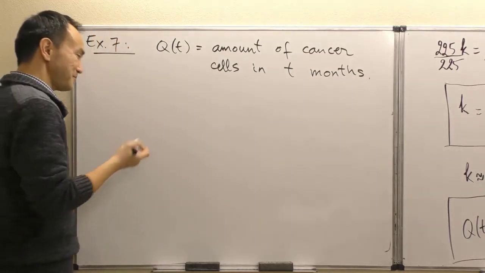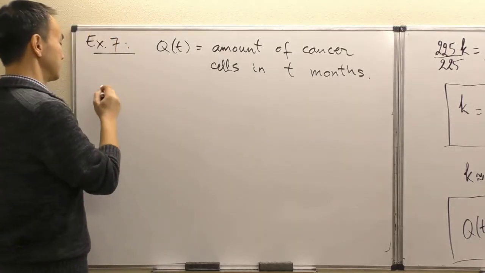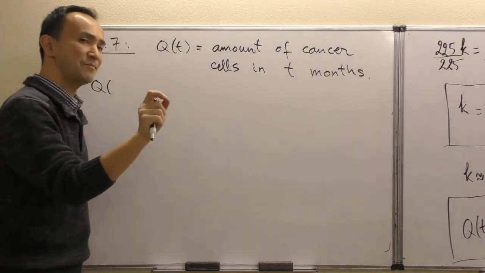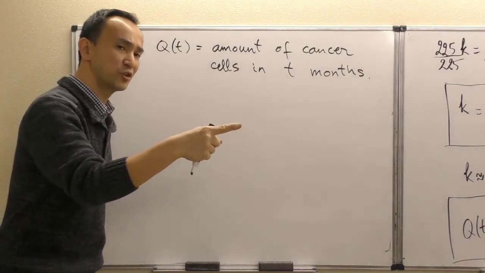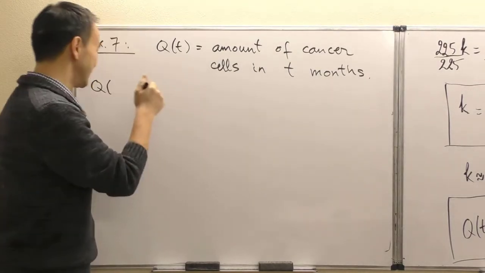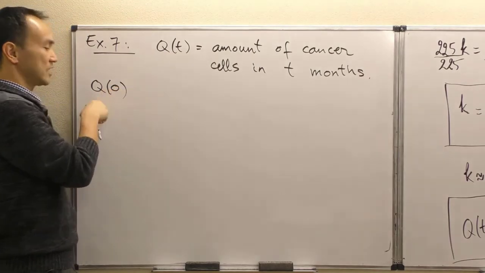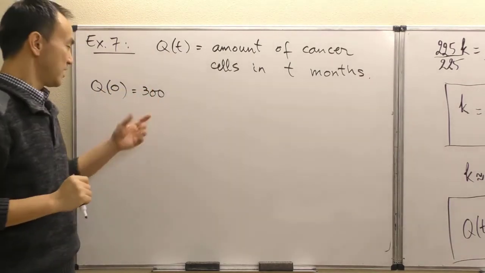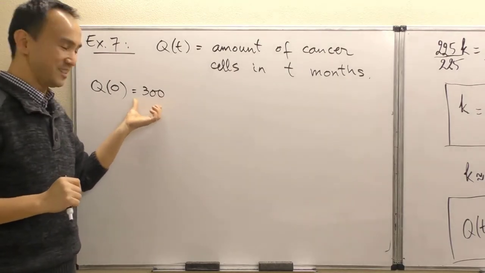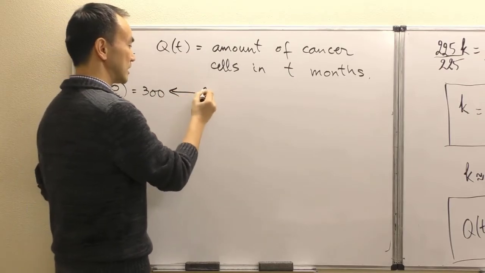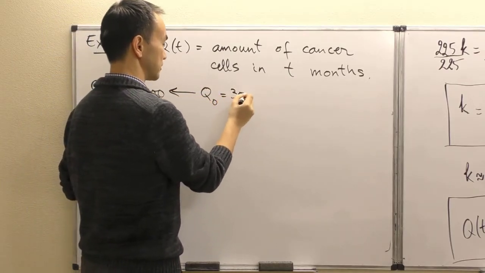Everything we know now is that we can call the time instance where we started out with 300 cancer cells the initial time. In other words, Q of 0 equals 300. We already have an initial amount at initial time t equals 0, so I can label this as Q sub 0 equals 300.